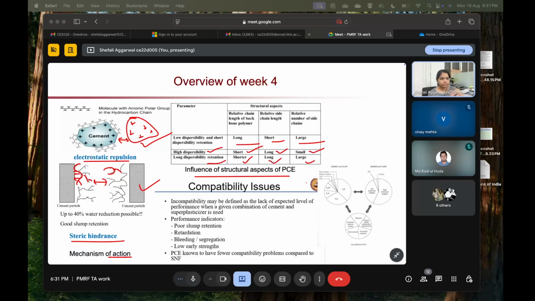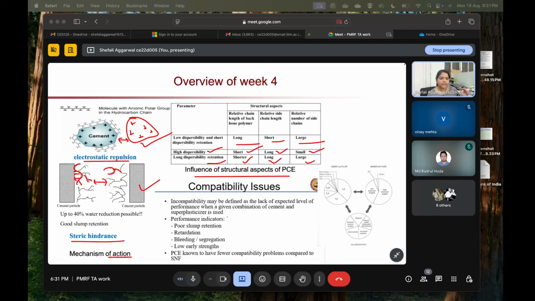Now when you have added your SP to the concrete, sometimes you will have some compatibility issues, and how do you check if your superplasticizer is compatible with your mix or not? Incompatibility is defined as the lack of the expected level of performance when a given combination of cement and superplasticizer is used.